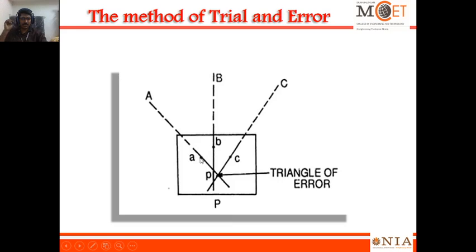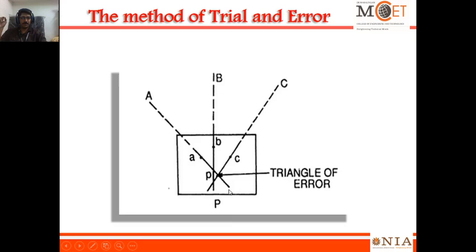Keep the alidade on A, sight A, drop a ray. Similarly over B, drop a ray. Similarly over C, drop a ray. If they meet exactly at a common point, there is no error. If not, it will create a small triangle of error. So this has to be eliminated. This triangle may be big or very small.